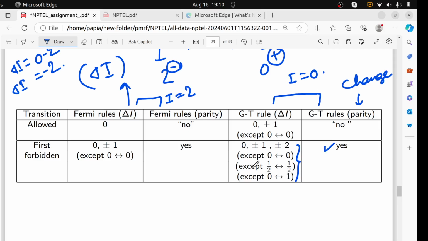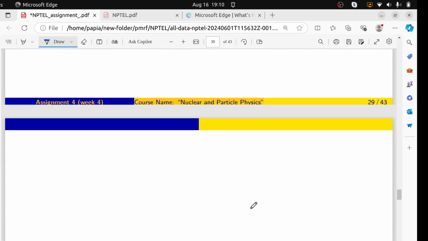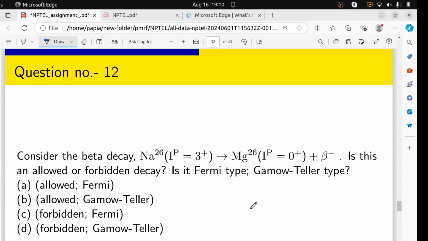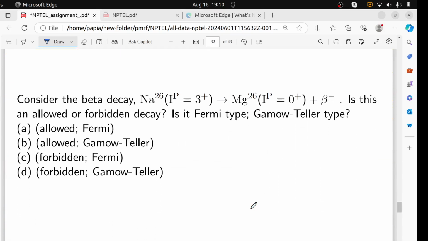Okay, maybe we can go to the next question, then you can understand more clearly. So this is also a case. Consider the beta decay: sodium 26, 3 plus, going to Mg26, 0 plus, plus beta minus.